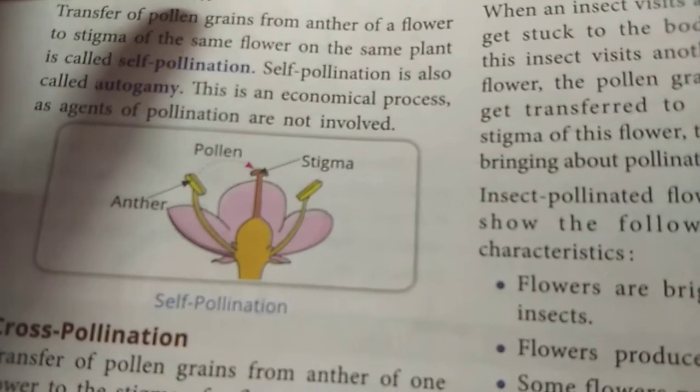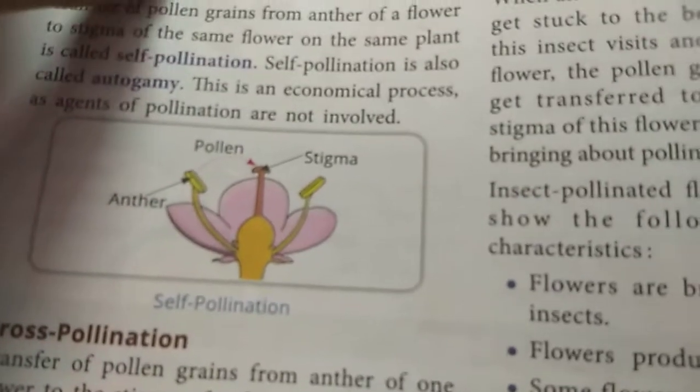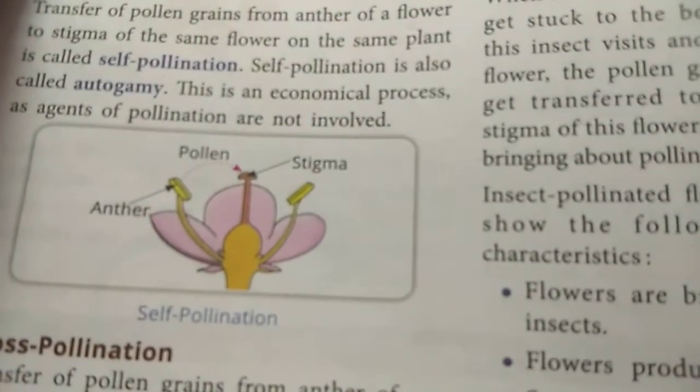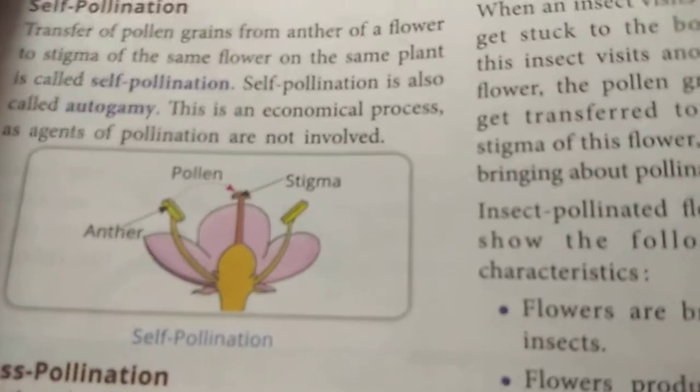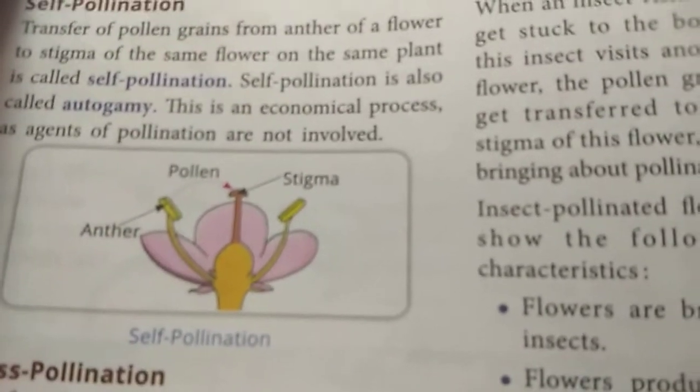They are doing the pollination by themselves. That is why this process is known as self-pollination or autogamy.